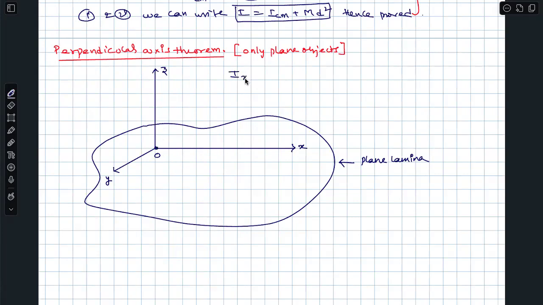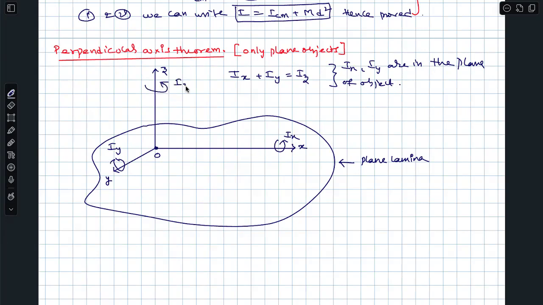Perpendicular axis theorem says that Ix plus Iy is equal to Iz. Remember, Ix and Iy are in the plane of the object, which means about this, the moment of inertia is Ix, about this the moment of inertia is Iy, about this the moment of inertia is Iz.